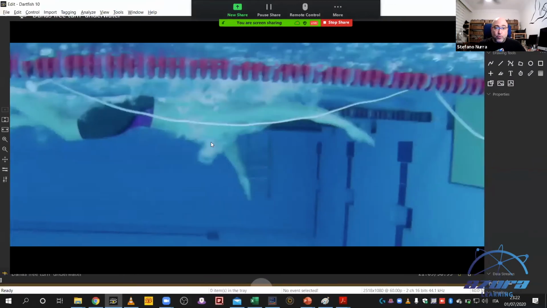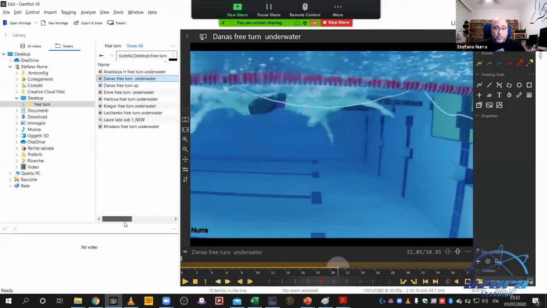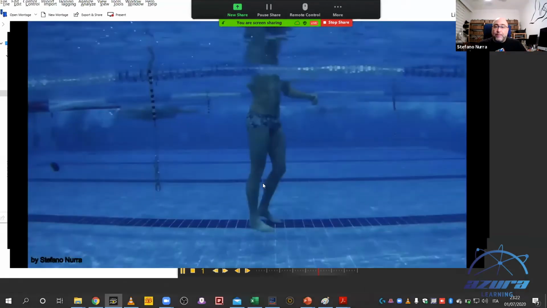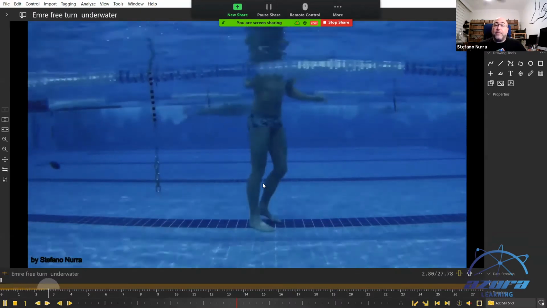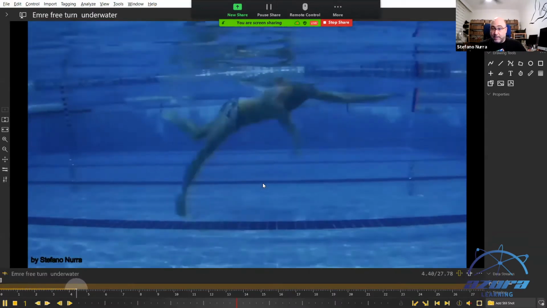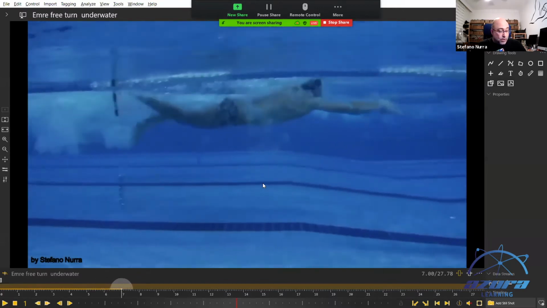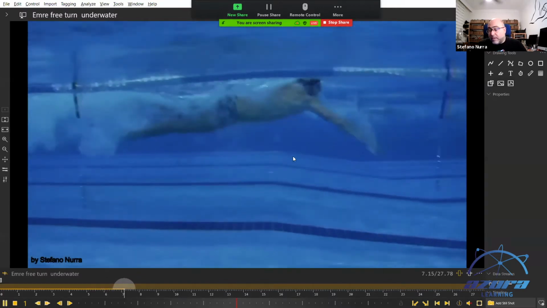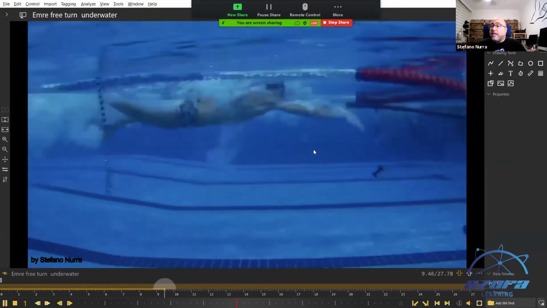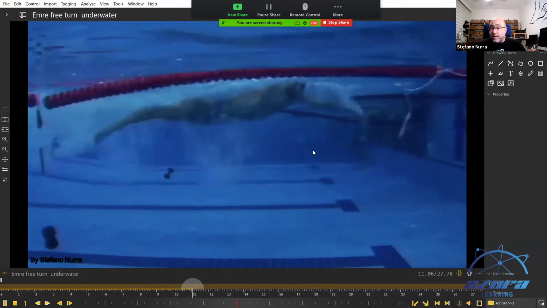I want to show you some other example to compare a different kind of turn. I want to repeat, as I usually do, that perfection doesn't exist. This is very important. I'm lucky because I work with some Olympic champions. There isn't one without any mistake.